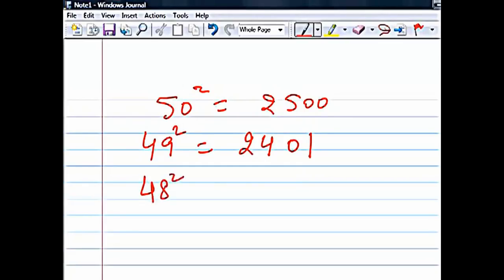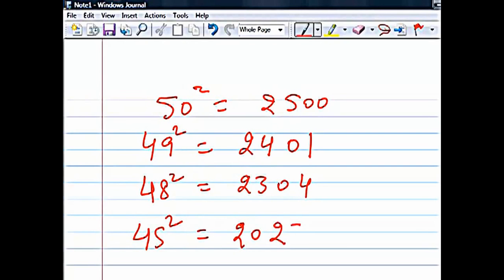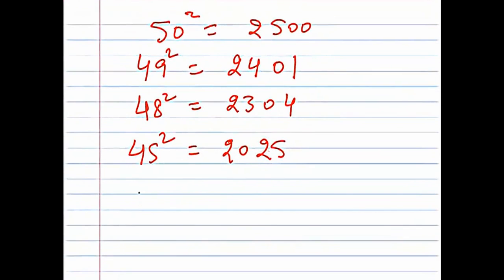Similarly, 48 square will be subtracting 2 from 25, that is 23, and 2 square is 4, so 2304. If I have to do 45 square, I will subtract 5 from 25, that is 20, and take the square of 5, that is 25, so that will be 2025. 41 square will be 25 minus 9, that will be 16, and 9 square is 81, so 1681.